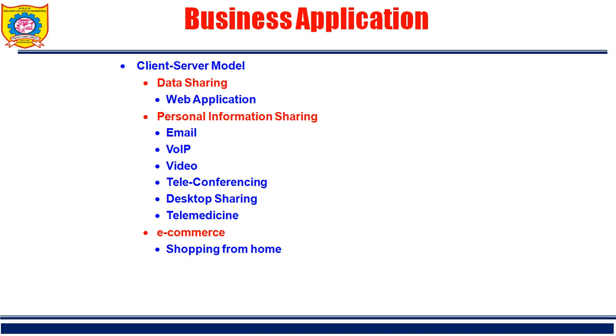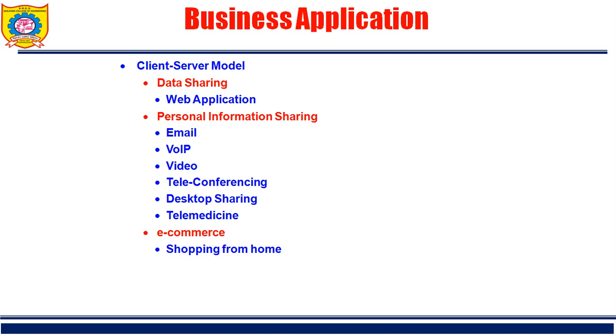Then teleconferencing, where more than one person can sit at different locations and communicate with each other. That is called teleconferencing, or sometimes we call it video conferencing. Then desktop sharing. So it is possible that whatever you are doing on your machine can be shared to another machine.